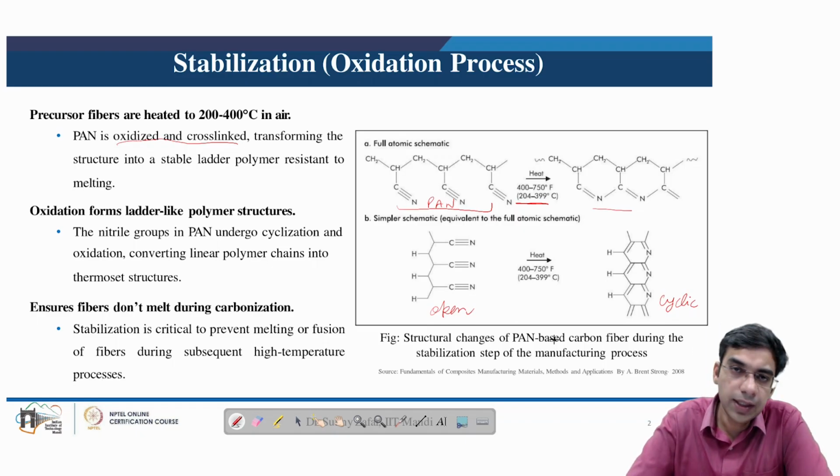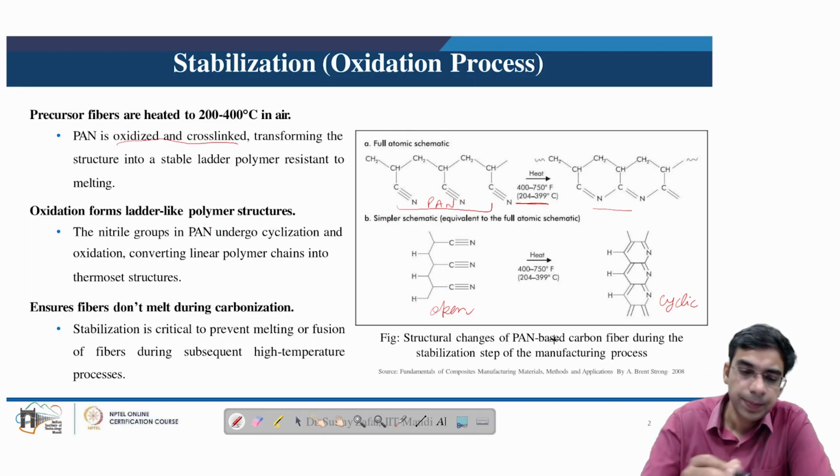It means we are conditioning the fiber at this stage so that they do not undergo degradation or melting, because as we have seen in the overall schematic, in the subsequent stages the fiber is exposed to higher temperatures, so it needs to be stabilized before we go to that step. And to help that, the stabilization or oxidation process is of much help.